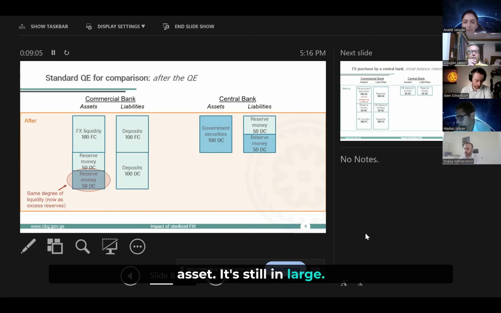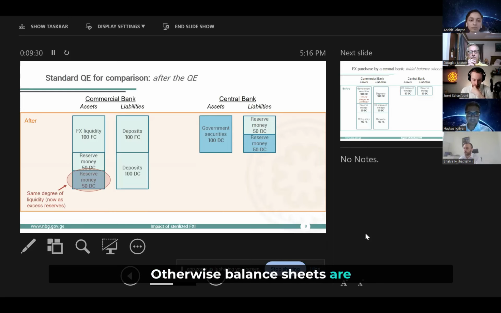It's still in lari. It's just generating a short-term interest rate because these excess reserves pay only the deposit facility interest rate that the central bank is paying. So now the commercial bank is generating short-term interest. Before QE, it was generating a long-term interest rate, a long-term yield. So that's the only difference here.